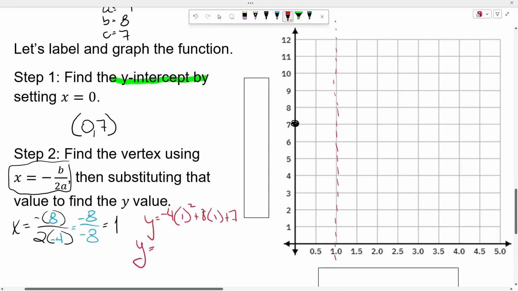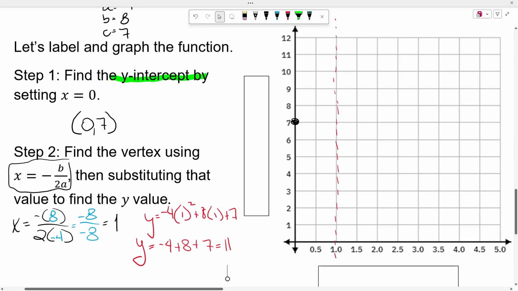Here, y is equal to -4 plus 8 plus 7, which gives us 11. Now that I have that, I know that my vertex is located at (1, 11).